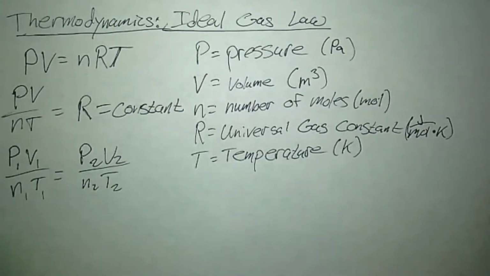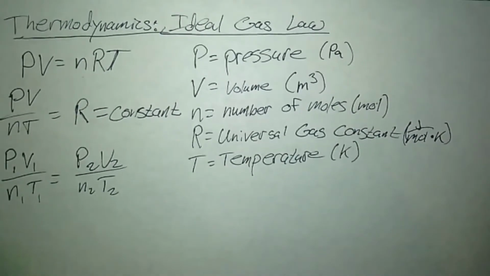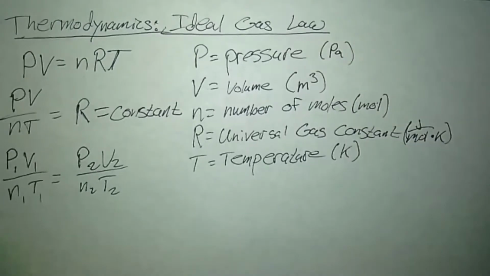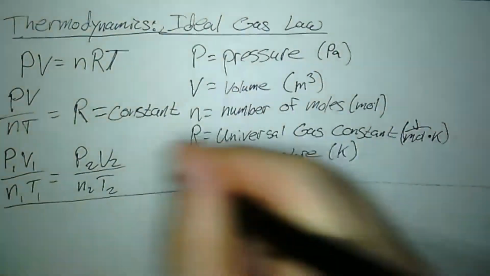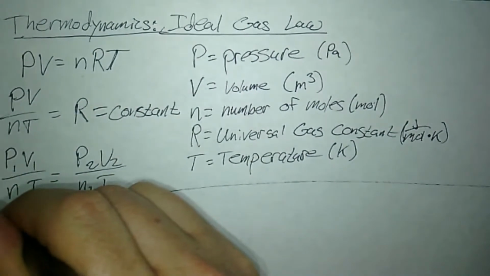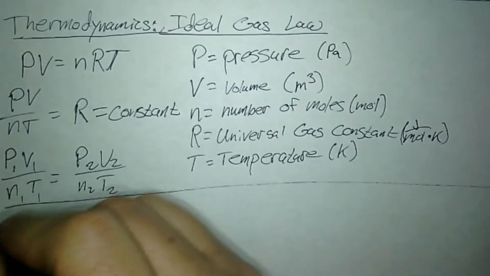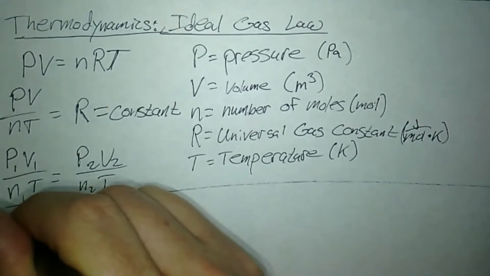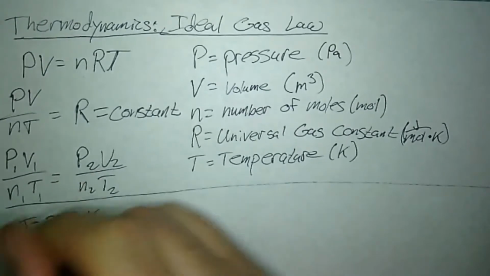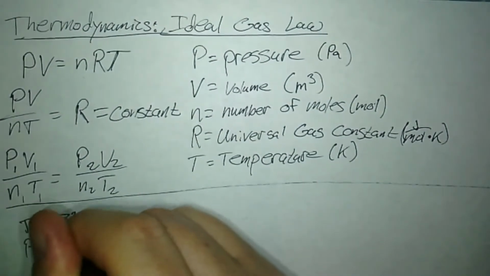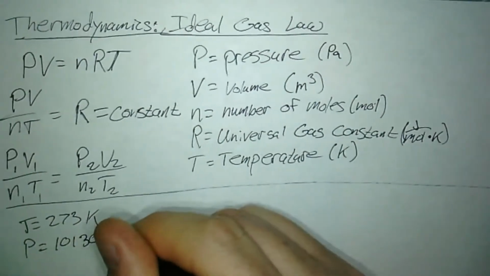So for the ideal gas law, most of the time we're going to do something like, say, you've got a container at standard temperature and pressure. If we say standard temperature and pressure, then that means temperature is 273 Kelvin, pressure is 101,300 pascals, because that's atmospheric pressure.